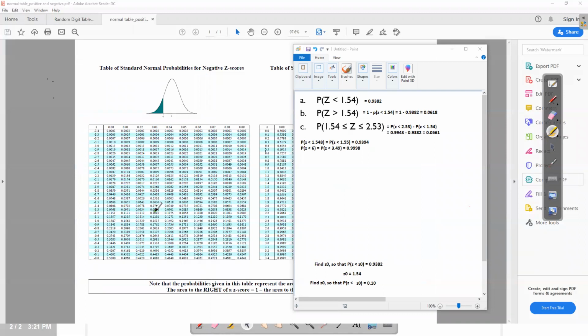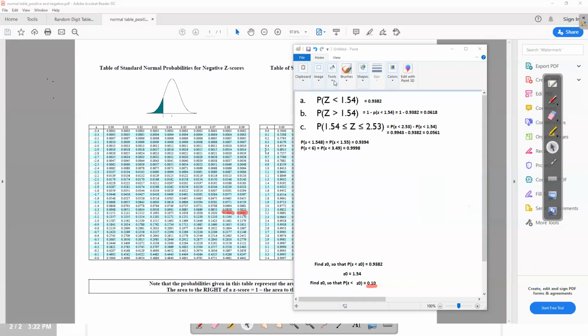This is 0.09, not quite. It's closer to 0.10. And here is 0.10 something, right? So find the closest. You can see that we have 0.1003 and 0.0985. They are the closest to 0.10. As long as you use one neighbor to approximate it, you'll be fine in this class, right?